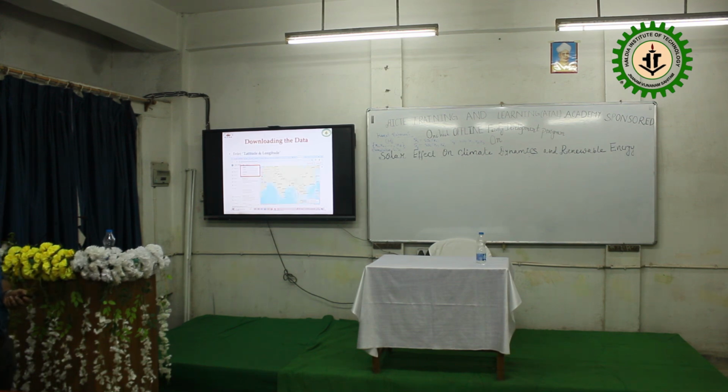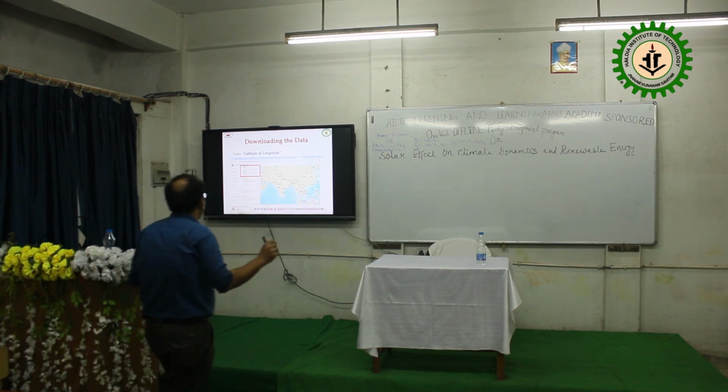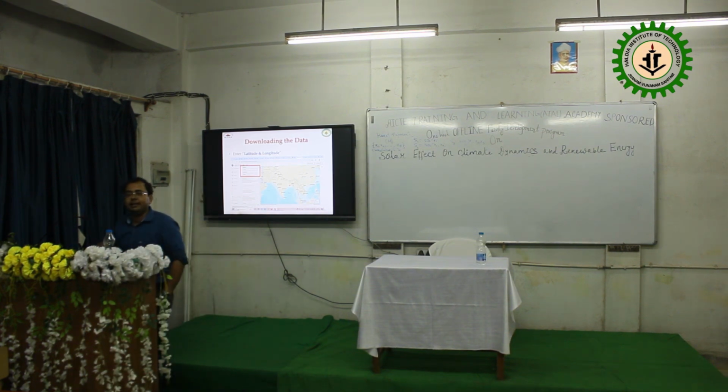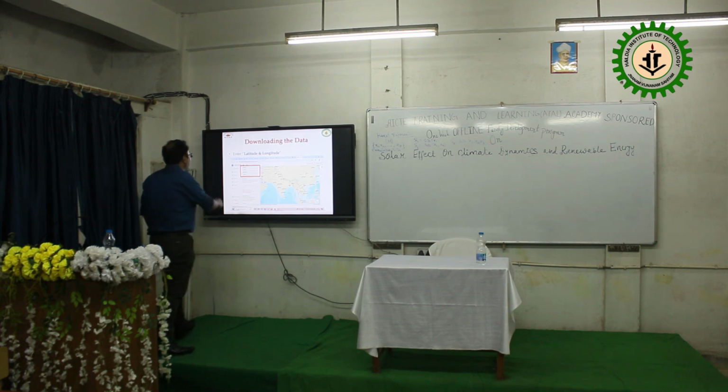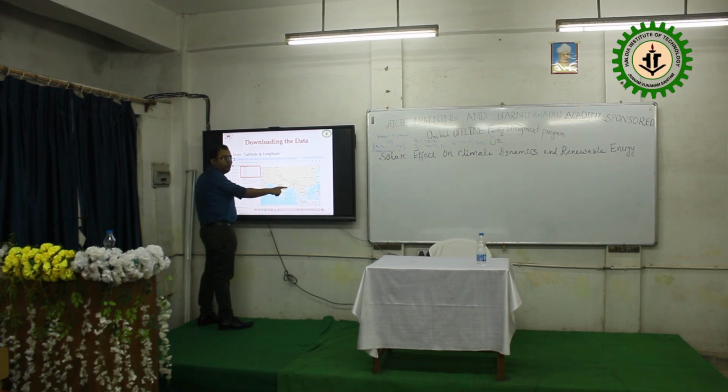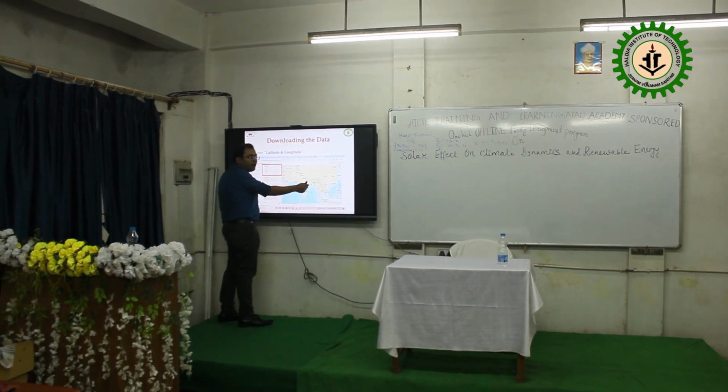After that, lat and long is there. So you have to give the latitude and longitude for a location of interest. So here I put the lat and long of Haldia. Latitude is 22.6 and longitude is 88.8. Once you put the lat and long of a particular location, the map will show you where your point of interest is.